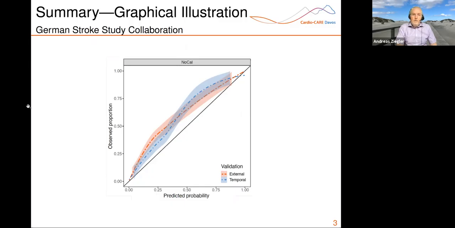But in our two data sets, we have some kind of overestimation of these probabilities, both in an external validation data set and a temporal validation data set. So you can see a clear deviation from this straight line. And this has happened because we haven't done any calibration with these data when we generated this plot.